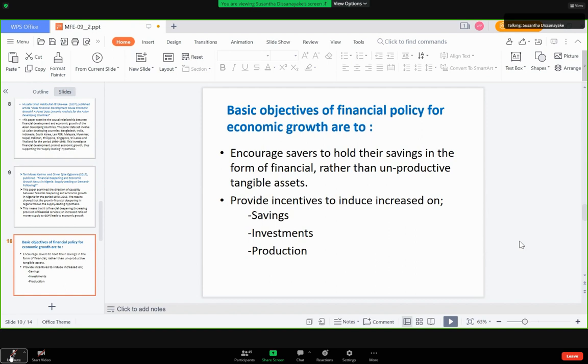Provide incentives to induce an increase in saving, investment, and promotion. So then more and more encouragement on saving. Once we talk about saving, to cater to various age groups, the financial institutions have introduced various very attractive saving methods.